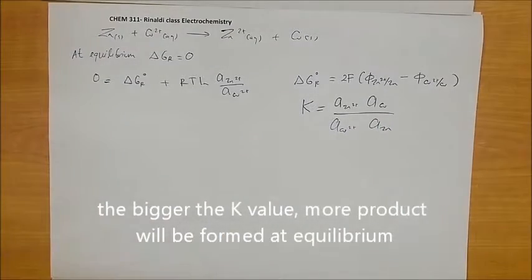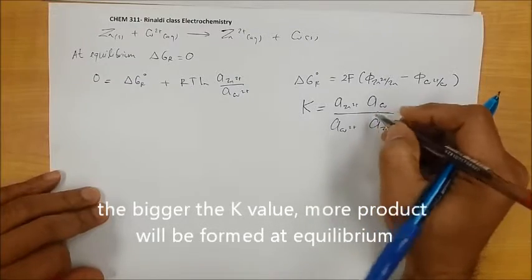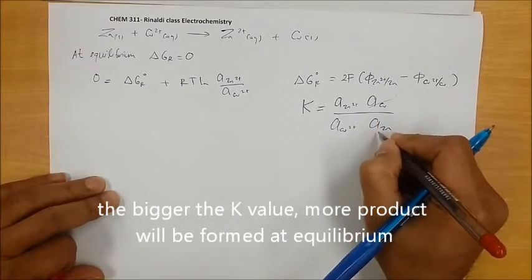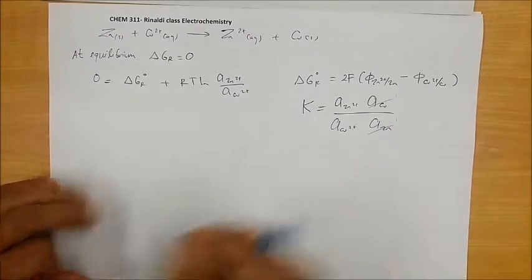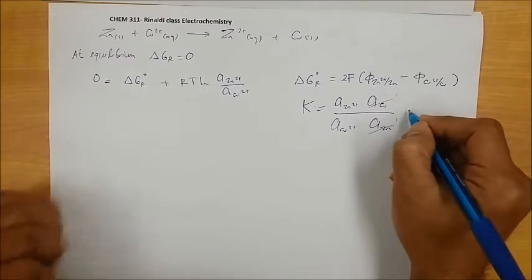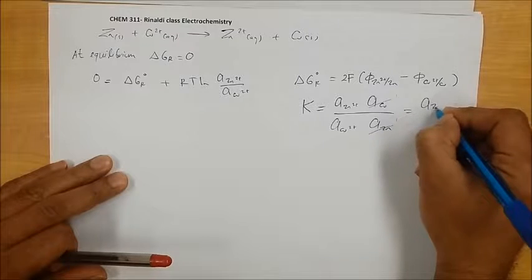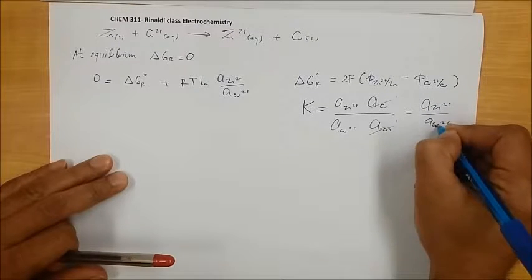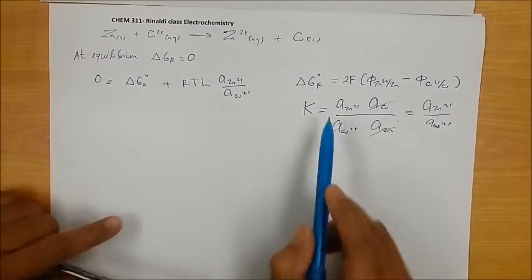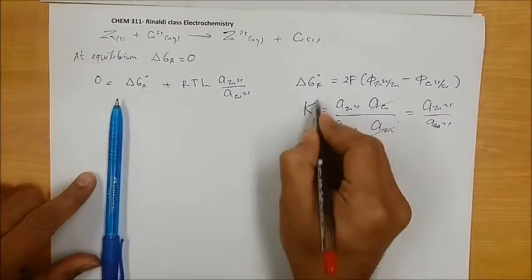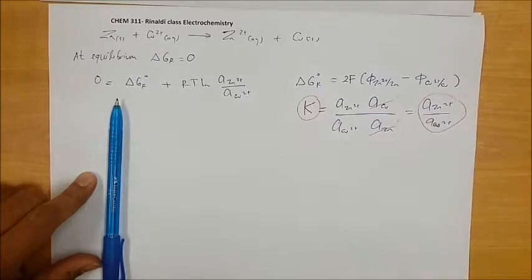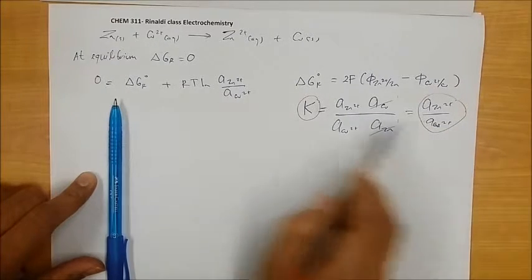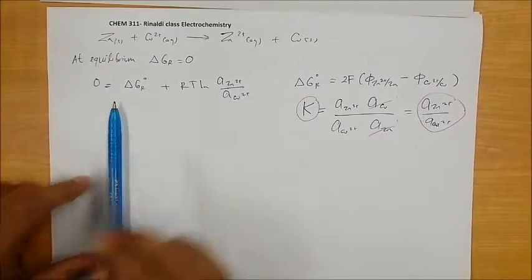Now, because these are pure metals, we assume that the activity of copper metal is 1 and the activity of zinc metal is 1. So you end up with only the activity of zinc 2+ and copper 2+. Right, so this is K, and this expression looks familiar. It actually looks the same.